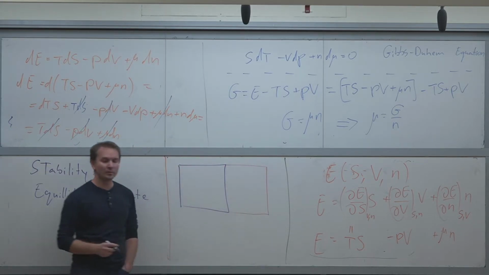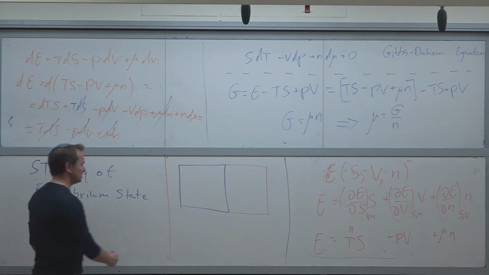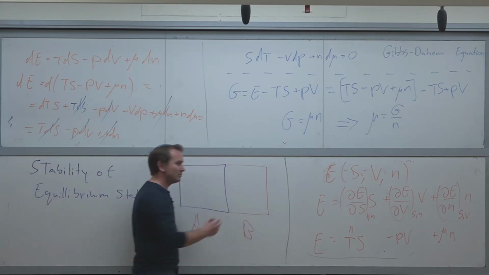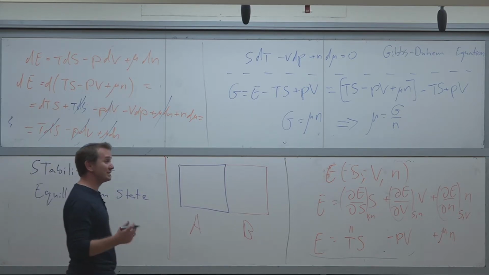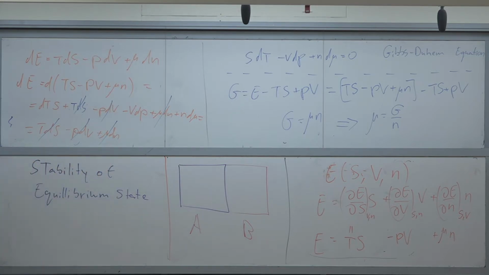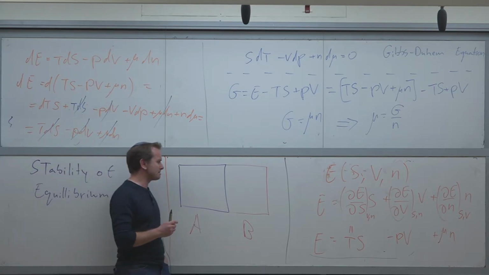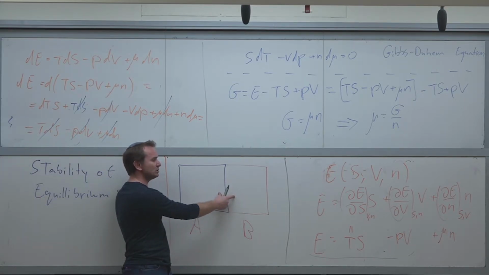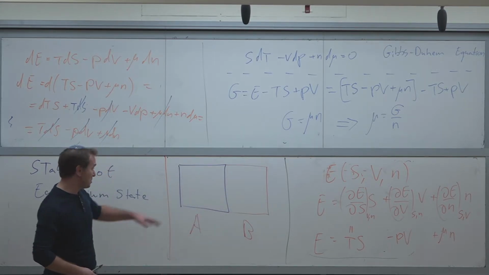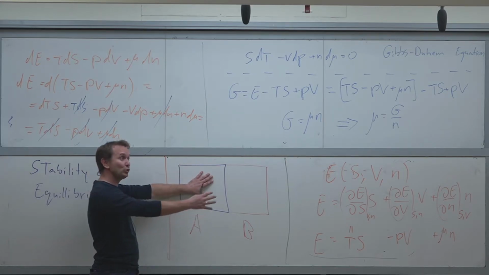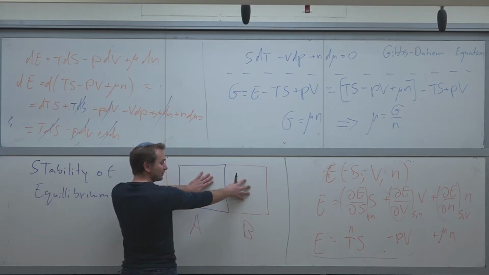This is system B. I can say that those are two systems, one is A, the other is B. They can be two halves, or one third and two thirds of the same system. The only thing of interest to me is that those two systems sit in equilibrium with each other. This can be half of a global system, or two different systems that are coupled. And I want to inspect the properties that keep this system together.